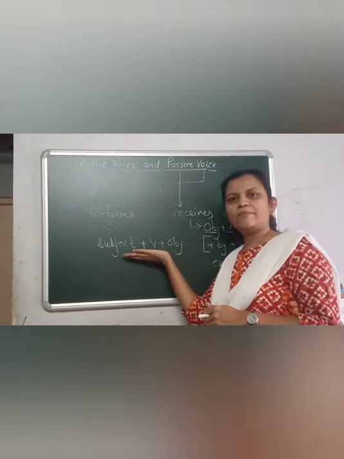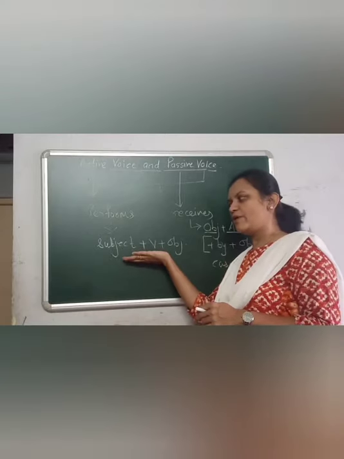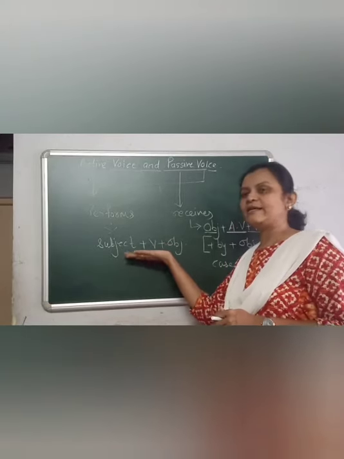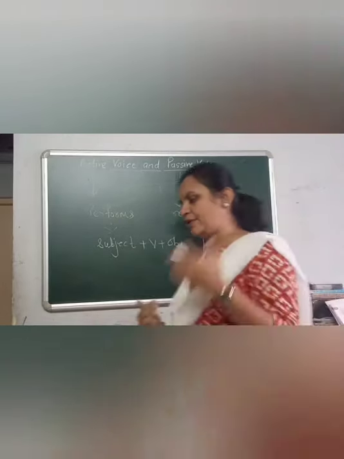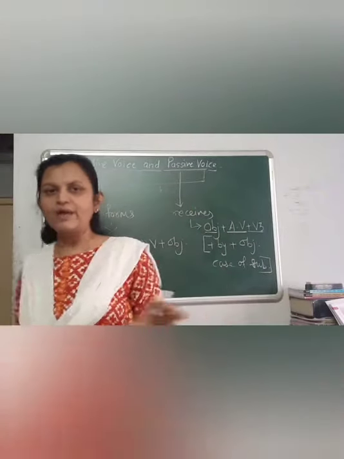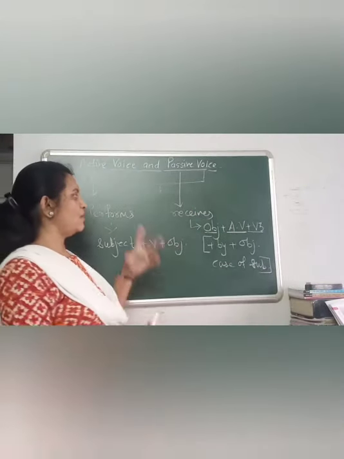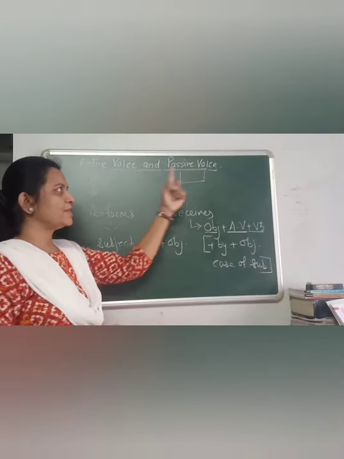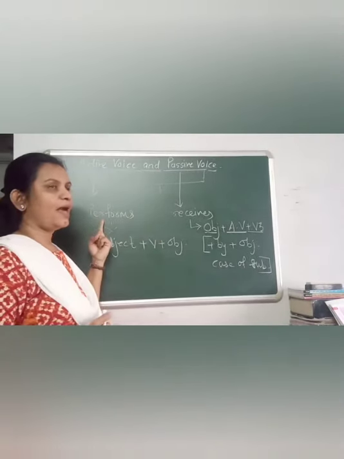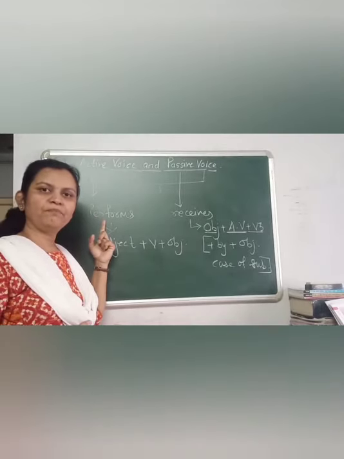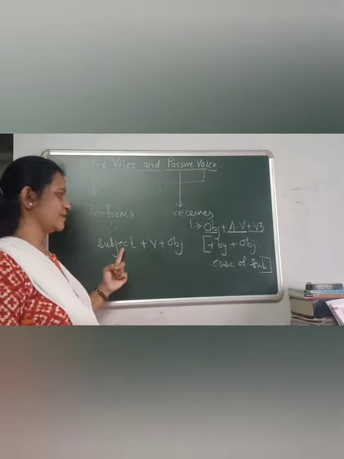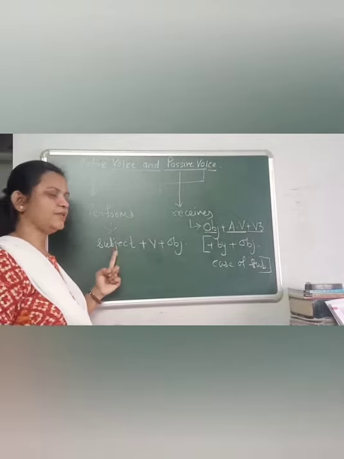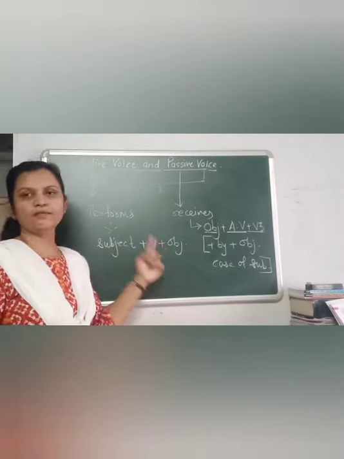If you are able to identify which voice is given, then you can convert it into the passive voice, otherwise into the active voice. So you have to remember that two types of voice are there, active voice and the passive voice. In active voice, the subject performs the action, and the sentence construction of active voice is subject plus verb plus object.